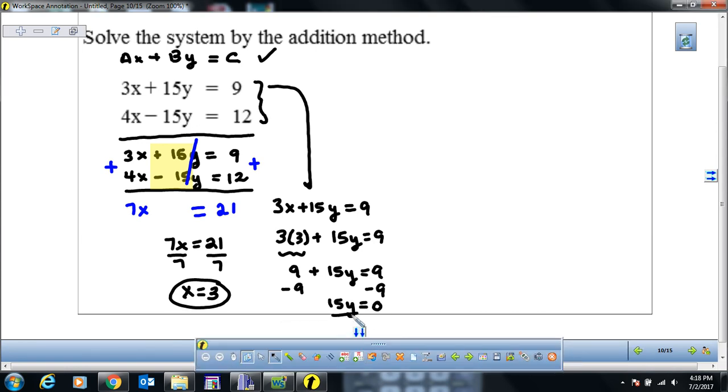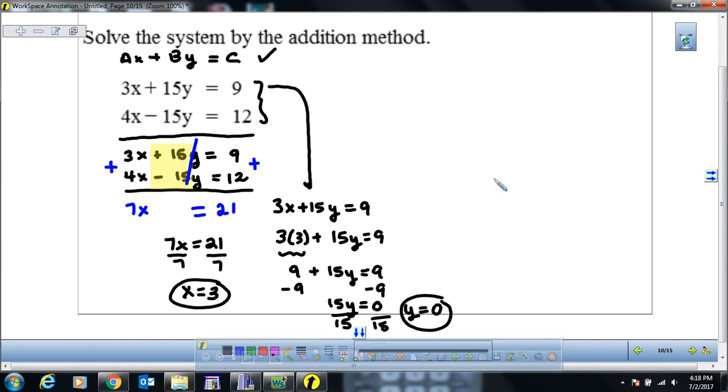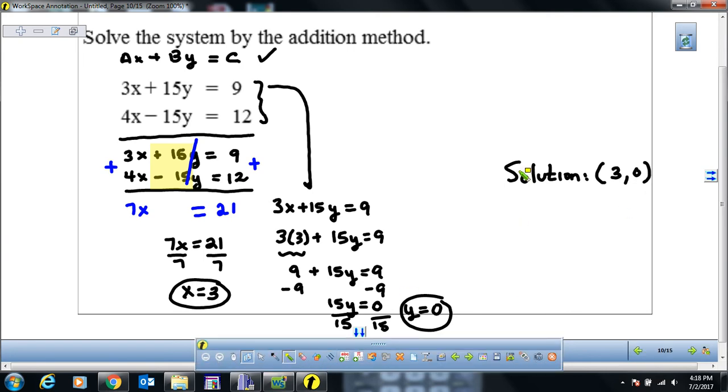And then I divide both sides by 15. And so 0 divided by 15 is going to give me 0 still. So my solution for this system of equations is going to be the point (3, 0). And don't forget that you can always check your solution. That will be the last step if you want to, by replacing those two values back in both equations to see if it is true.